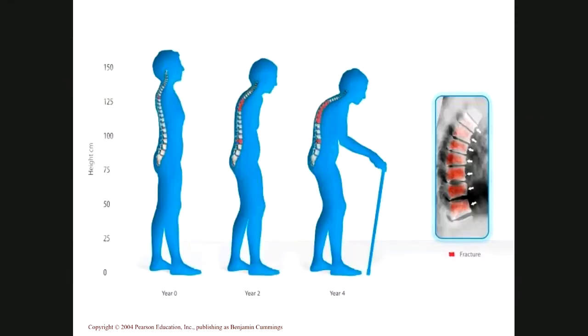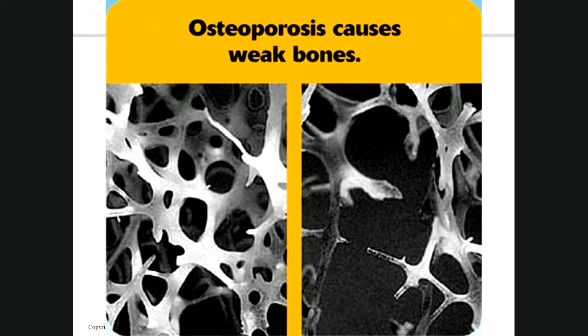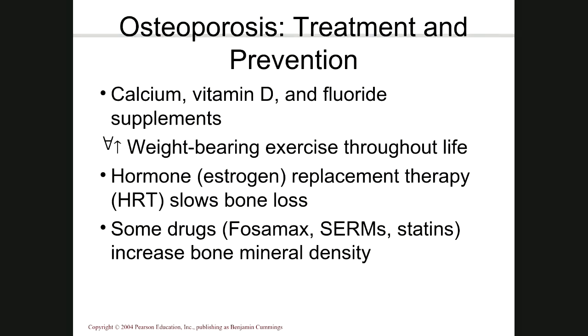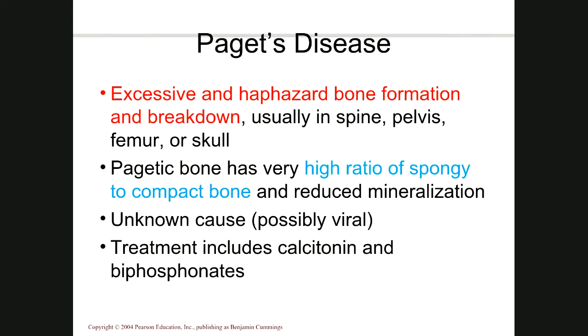Okay, there's one more disease that we're going to talk about. And this is what's called Paget's disease. So Paget's disease is kind of a weird disease because it's when you have too much bone, too much. Well, that sounds kind of weird. Sounds like it's a good thing to have a lot of bone, but it's not normal bone.